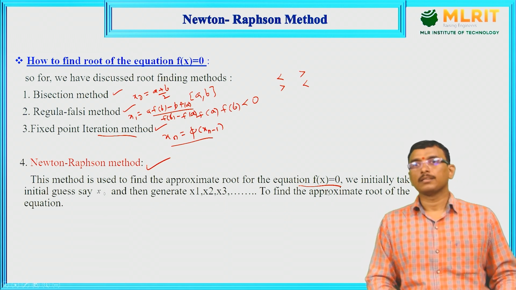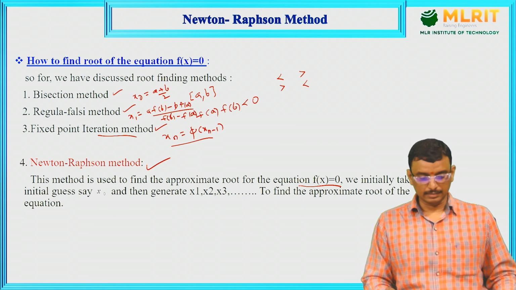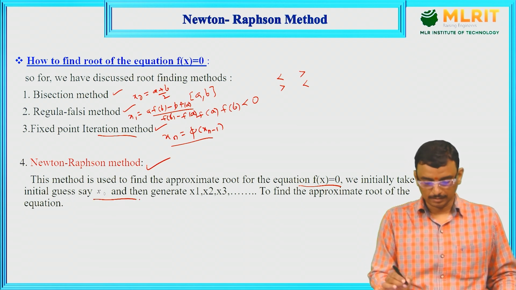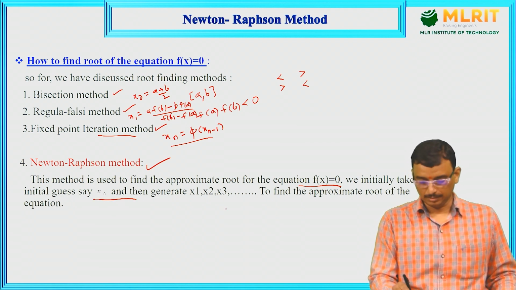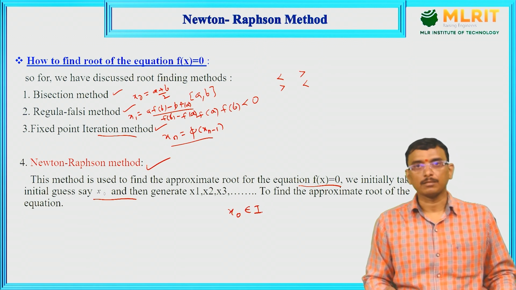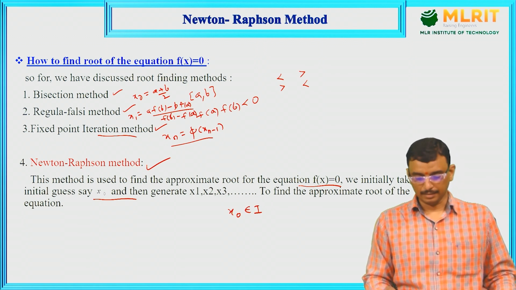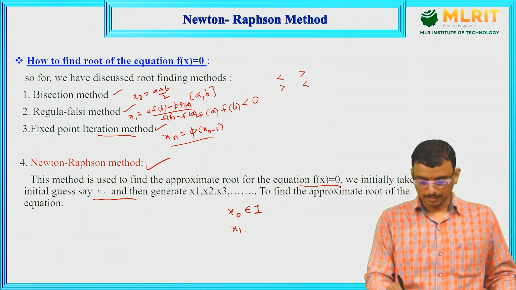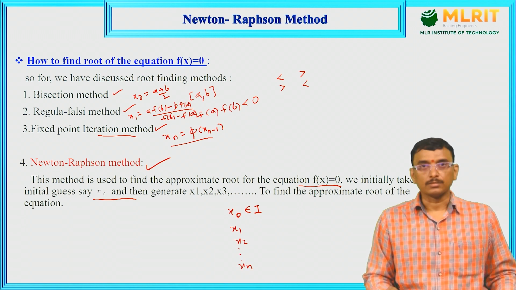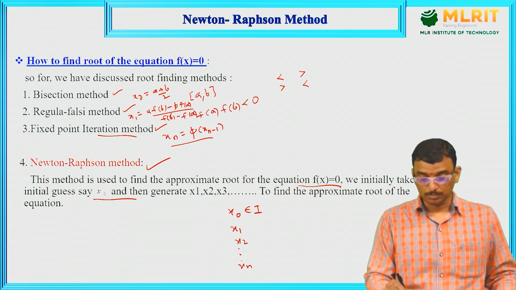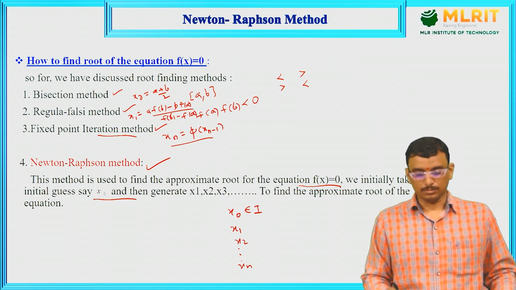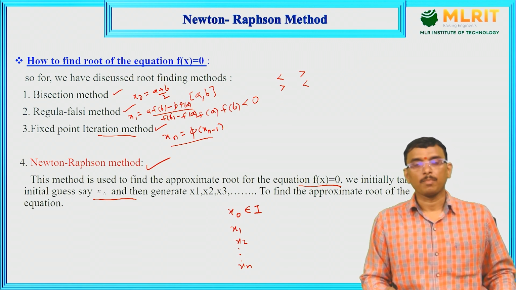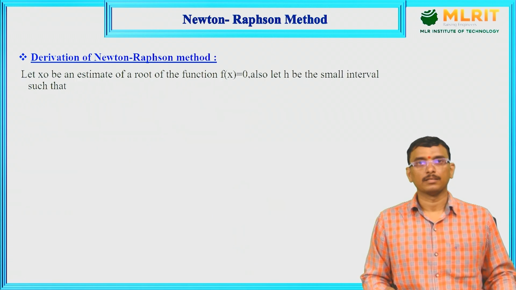Initially we take an initial value x0 which belongs to the interval I, and we generate x1, x2 and so on, xn. So how do we generate this sequence? To generate this sequence, we have to derive the Newton-Raphson method.